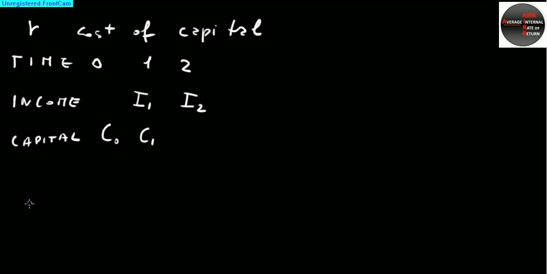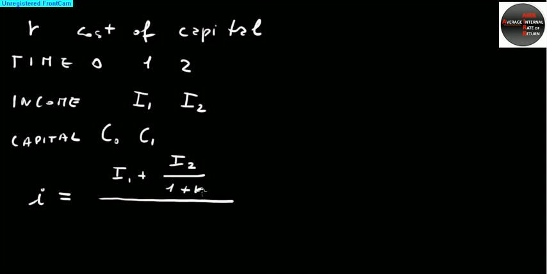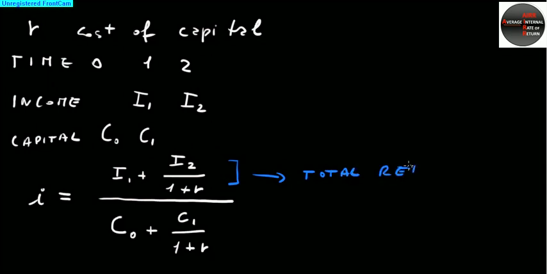The rate of return is given by the ratio of the total return to the total capital, I1 plus the discounted value of I of 2 at the rate R, and the total capital is C of 0 plus C of 1 divided by 1 plus R. And so we have a numerator which is the total return, and a denominator which represents the total capital invested.